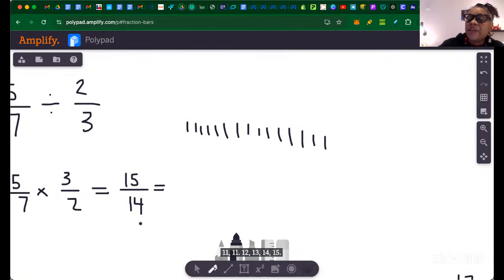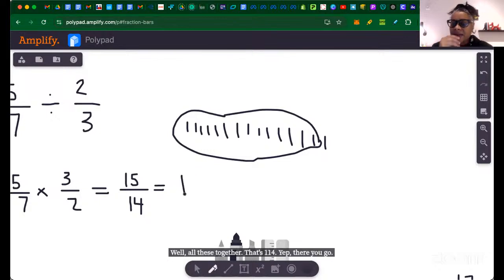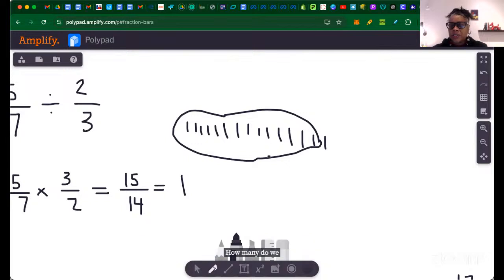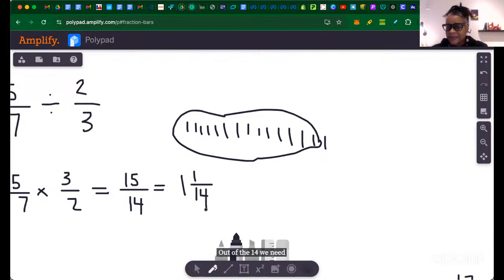I want to know how many 14s I can get out of that. Well, we can get one, but how many left over? How many do we have left over when we take out one group? There you go. So you have one left over out of the 14 we need. 1 and 1/14. Okay, you're doing pretty good.